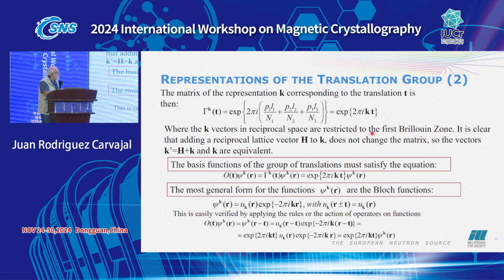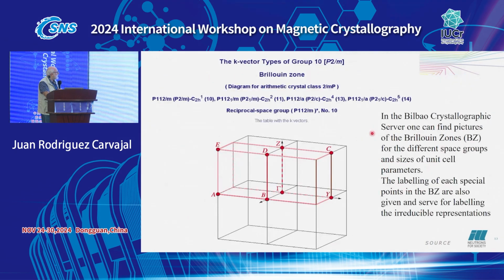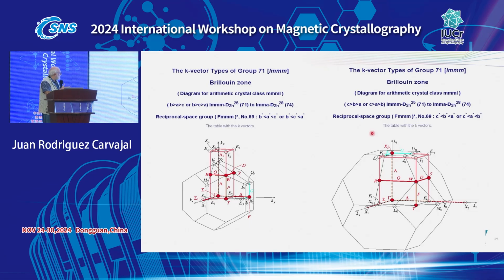Then you can see, and Manu has presented that also, in the Bilbao Crystallographic Server, how the different points that are important in the Brillouin zone, just these high symmetry points. But in general, you have, for example, this is the first Brillouin zone, then all the points at the interior of the Brillouin zone correspond to different representations of the translation group.